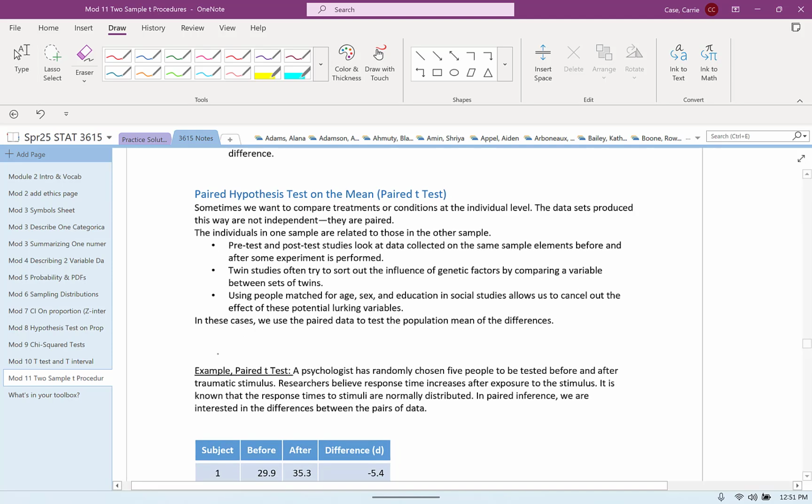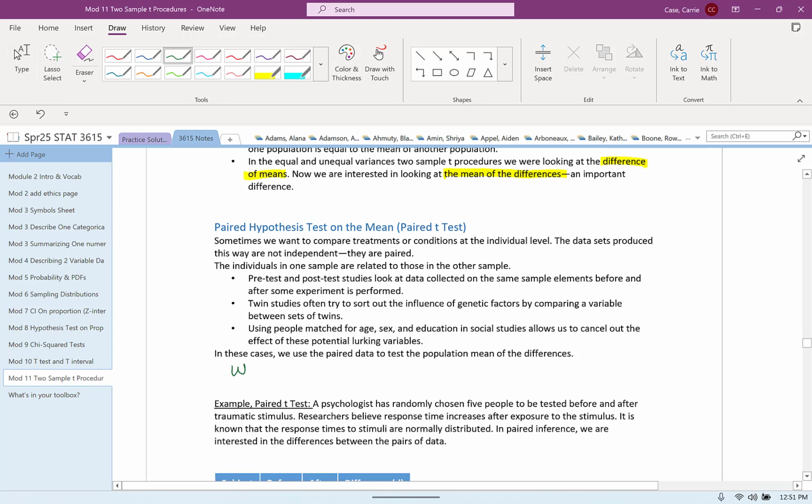And so in these cases, we use the paired data to test the population mean of the differences. We lose degrees of freedom, but we get rid of lurking and confounding variables by using paired data.